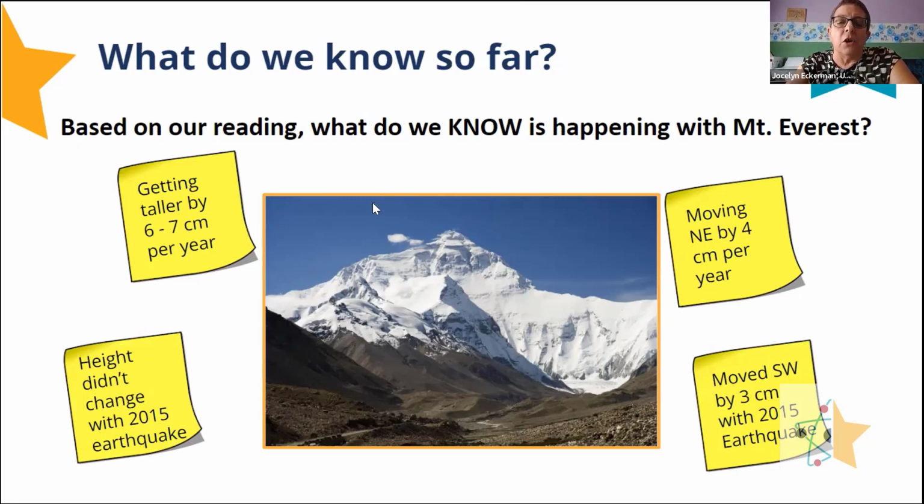So based on what we know, now let's take a moment to capture some of our questions. So in the chat, if you would type one question you have about Mount Everest and one question you have about the earthquake, let's just see what kind of questions are coming up in our heads. How does this backward movement affect the plates?